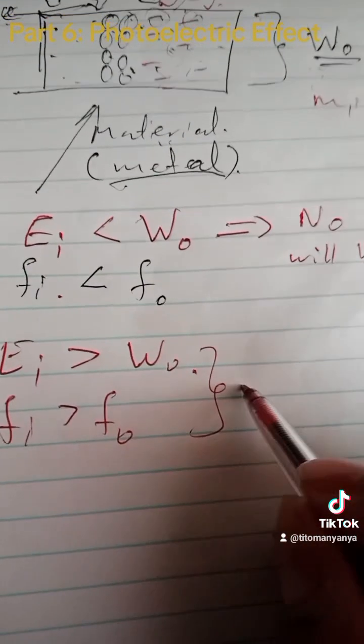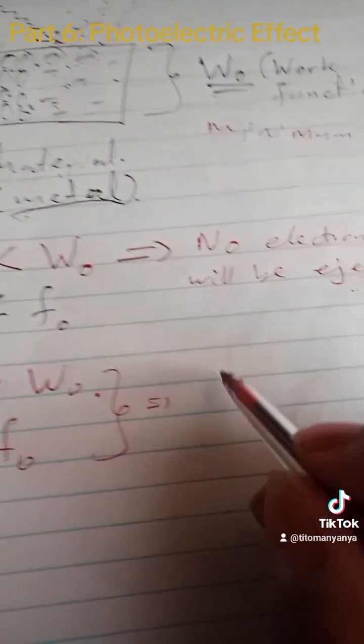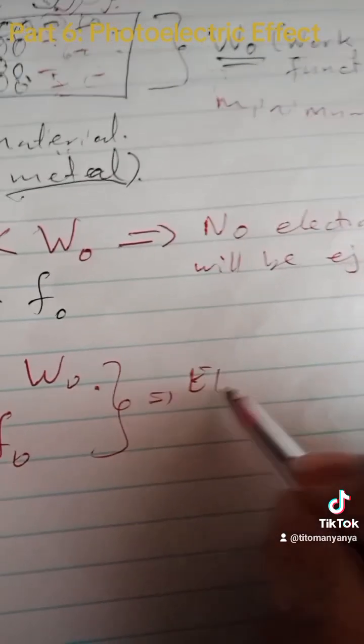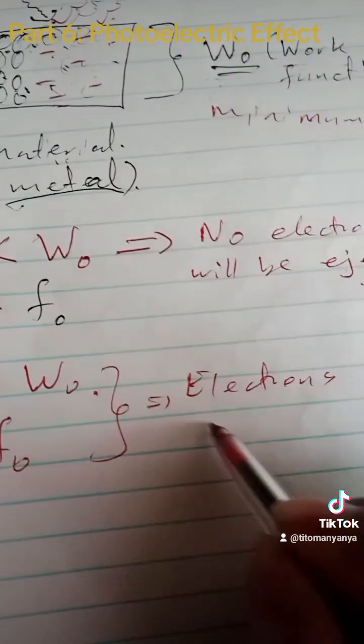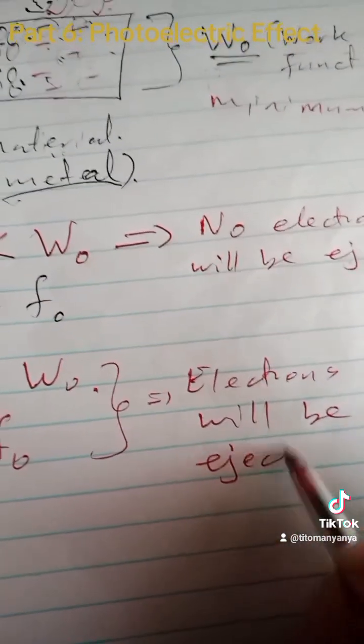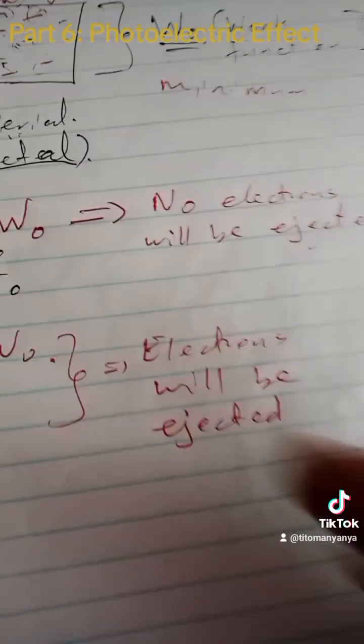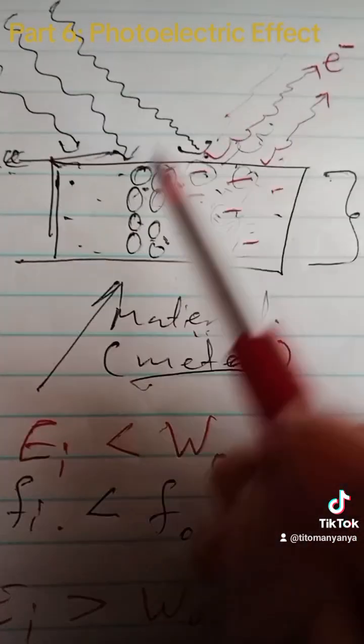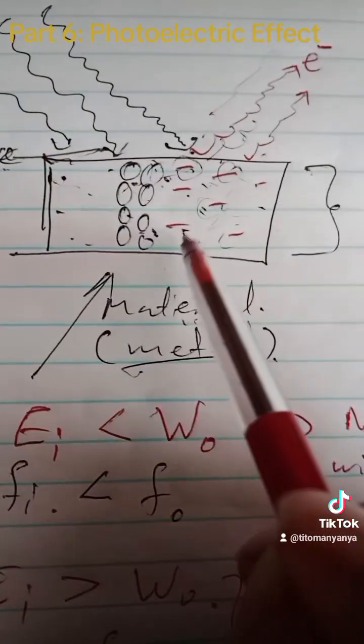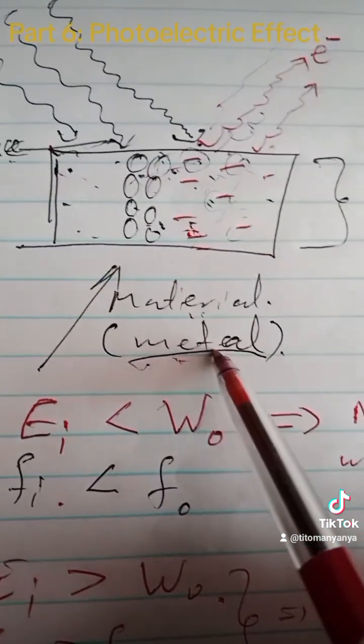Therefore, in this case, electrons will be ejected. Ejected, emitted, all those terms mean electrons will be removed from the surface of this metal.